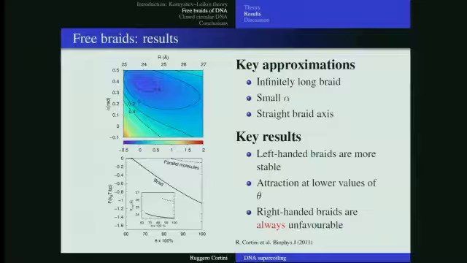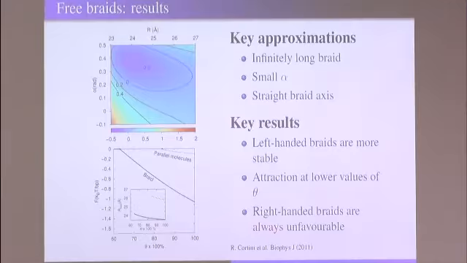But in those conditions, if you tilt in the positive direction, which means forming a left-handed braid, you can have an attractive well. So this is the key result, because for instance, here I show the minimum energy plotted as a function of theta, and it's quite a big effect that you have because of braiding.